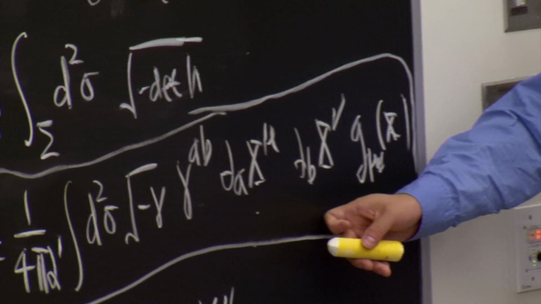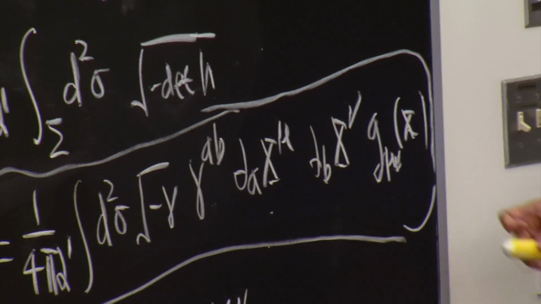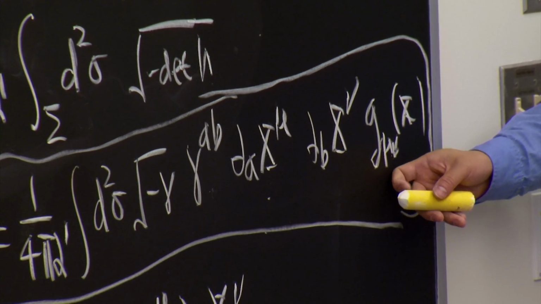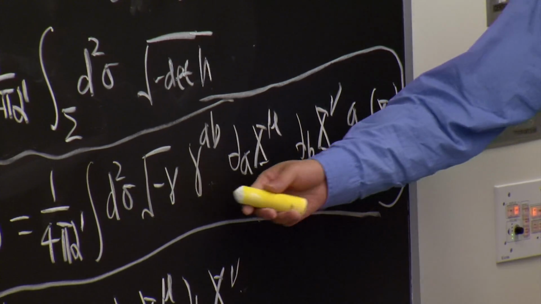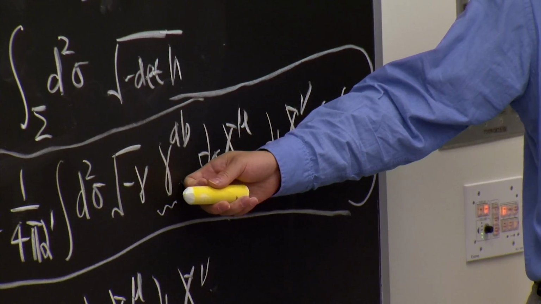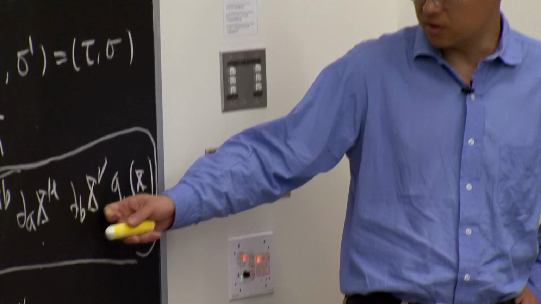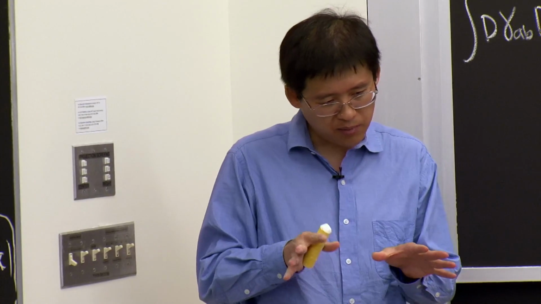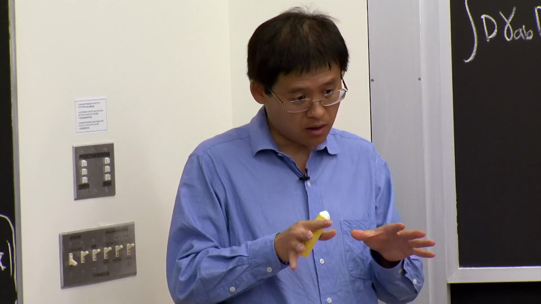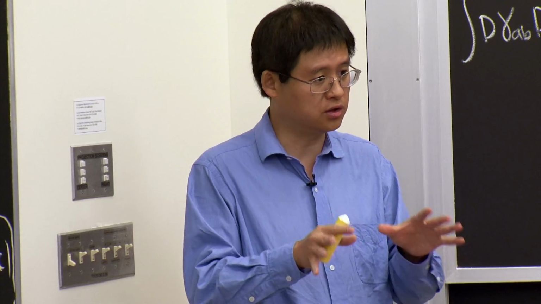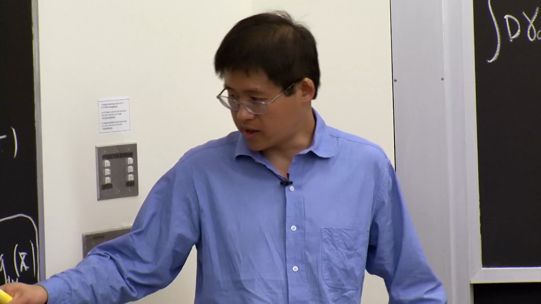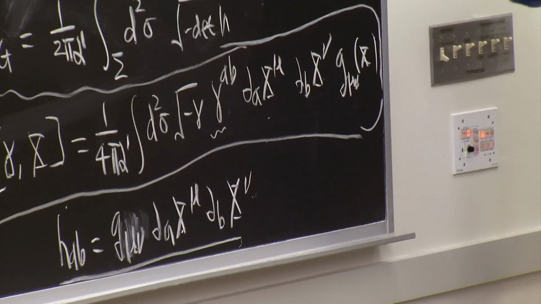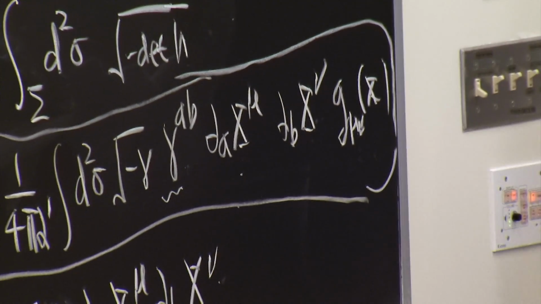If you just look at this action itself, this is just like a scalar field in a two-dimensional curved space-time. This two-dimensional curved space-time has a non-trivial metric which is given by gamma, and the scalar field is just this x. So gamma can be considered as an intrinsic metric on the worldsheet, and x then describes the embedding of this worldsheet in space-time.